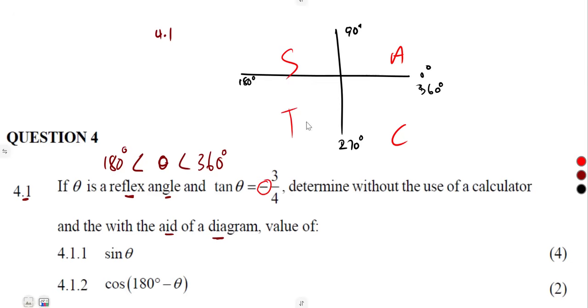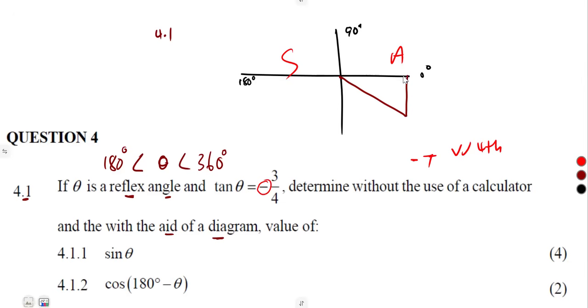Tan is positive in the third. It is negative in the fourth quadrant. That is the quadrant for cos. So tan is negative, so our answer is supposed to be in the fourth quadrant. That is where we are supposed to have our triangle drawn. Tan is negative in the fourth quadrant. So that is where we are going to have our triangle.